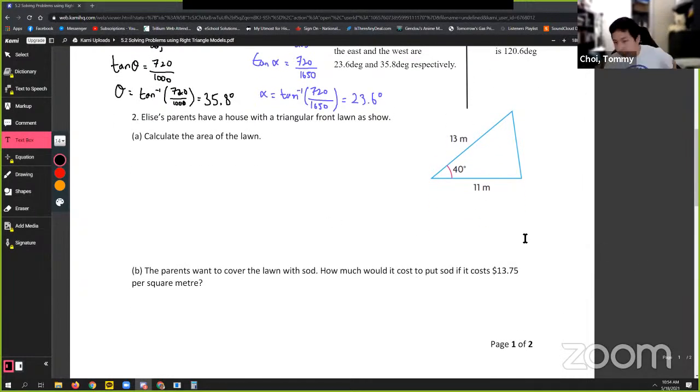Okay. This is not a right angle triangle. Obviously it's not, right? This is clearly not a right angle triangle. But does that mean you can't make it into a right angle triangle? Absolutely not.